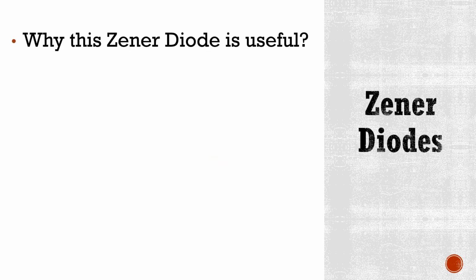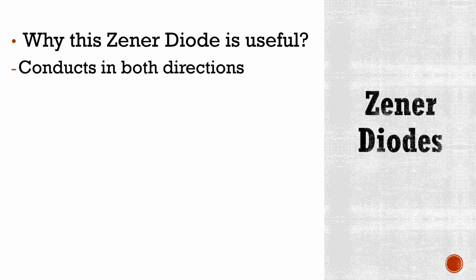Why these Zener diodes are useful? These Zener diodes can conduct in both directions. It means this Zener diode permits current to flow in either a forward or reverse direction, which is very useful for creating voltage references, shunt voltage regulators, and overvoltage protection circuits.